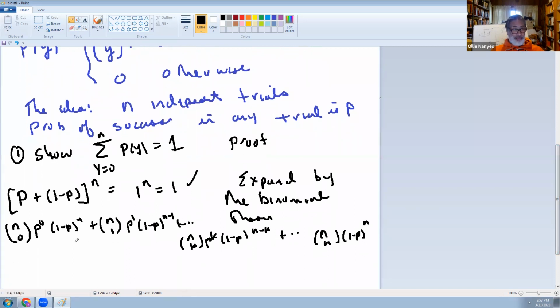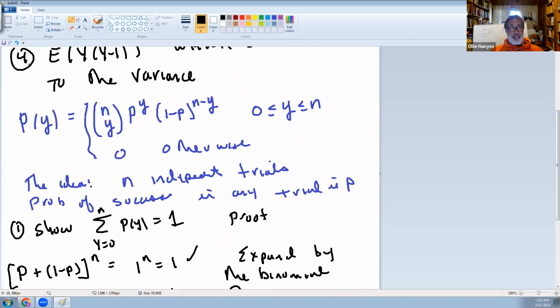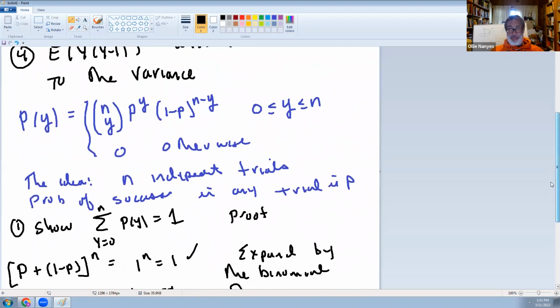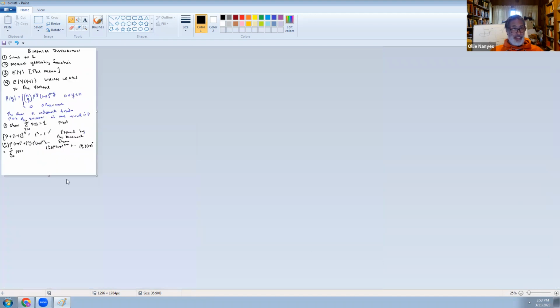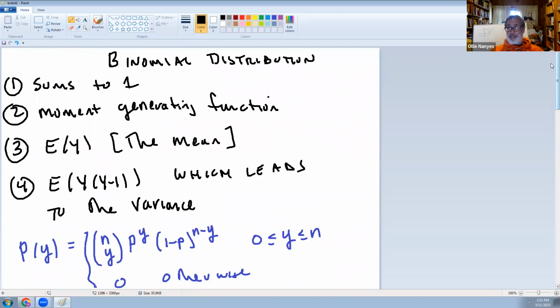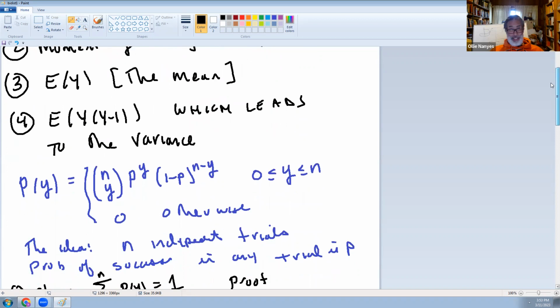Each one of these terms is, by the definition of the way this is written, the sum of p(y). So that's fairly straightforward. The binomial distribution is basically the binomial theorem.